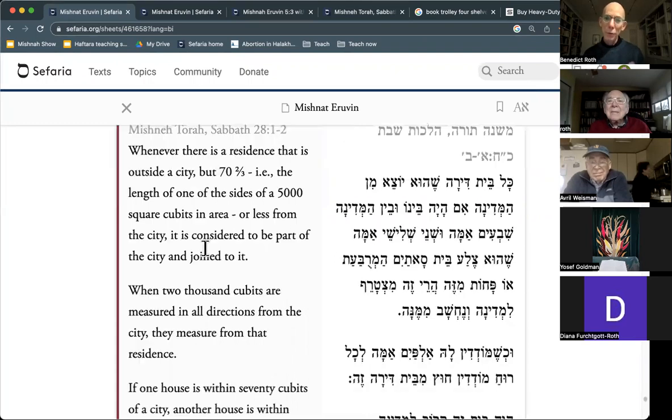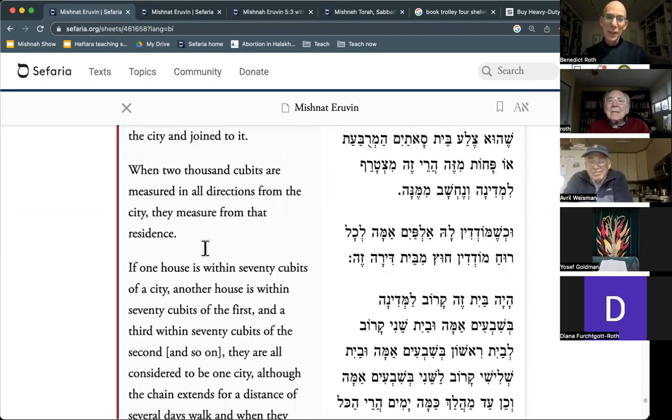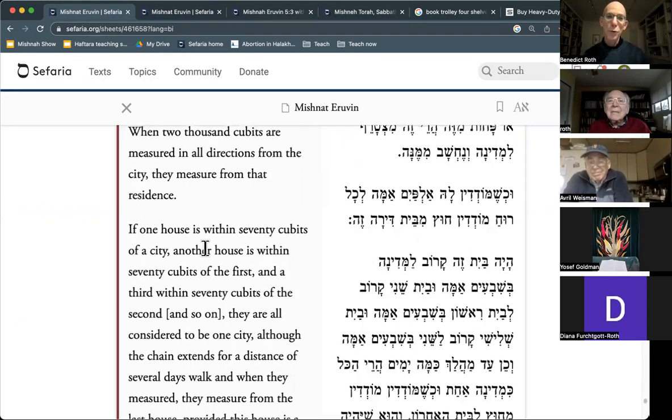And when we measure our 2,000 cubits in all directions for the Shabbat boundary, we measure from that residence, i.e. the outer residence of the town. And if one house is within and another house is 70 cubits away and a third is 70 cubits away and so on, you have a whole string of houses all 70 cubits away. They're all considered to be one city.